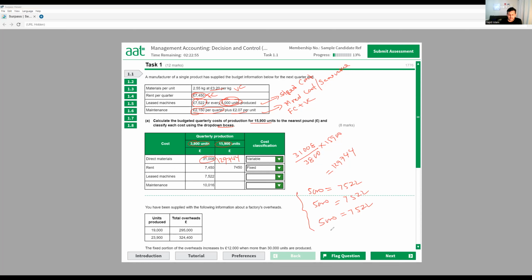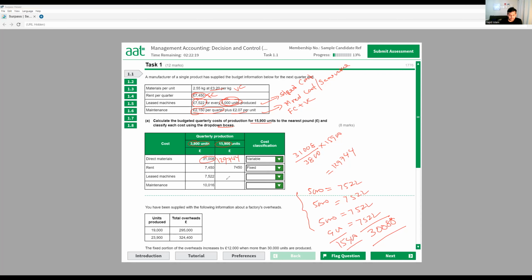And finally, for the 900 only, it is still 7,522. Remember that for every 5,000, it is 7,522. So we say 7,522 times 4, and that is 30,088 for 15,900 units. Even if we have 16,900 or 17,900, we still have the same result, because for every 5,000, it is a fixed 7,522.